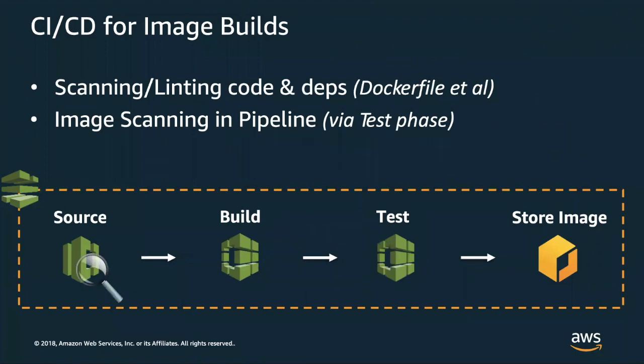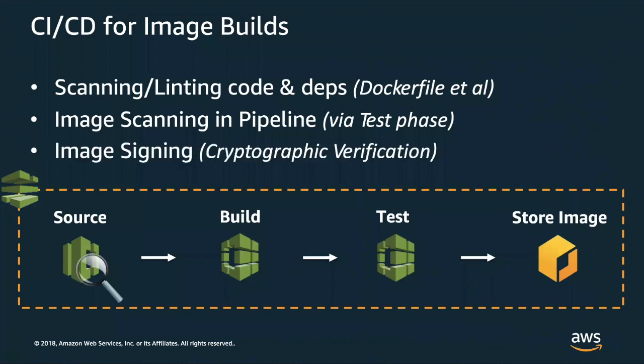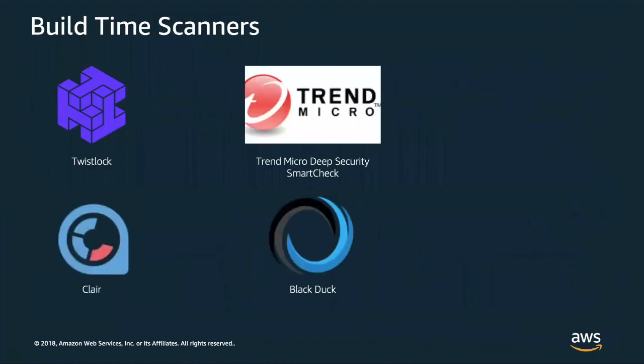You can scan the image in the pipeline via a test phase, also do things like automated penetration testing there if you want to, and then sign the image and then go and store it. We don't actually have any cryptographic signing tools ourselves in ECS and EKS, but the regular Docker ones can be imported into your pipeline and they work just fine.